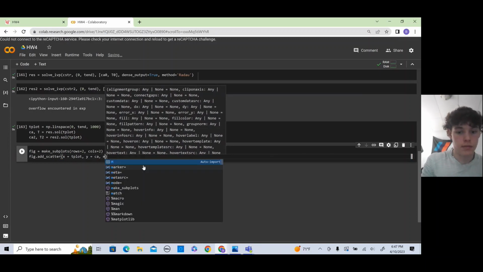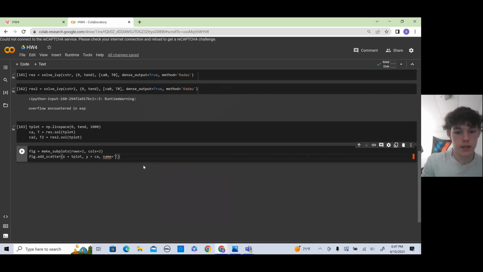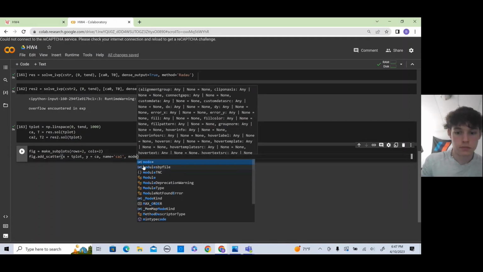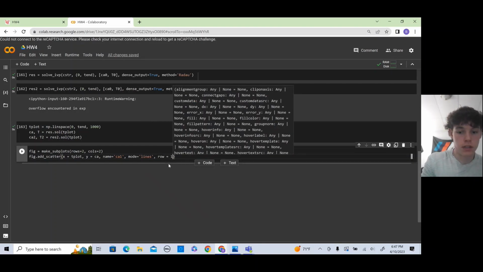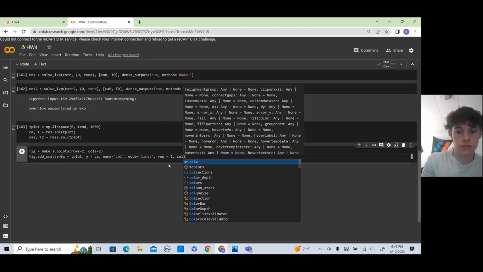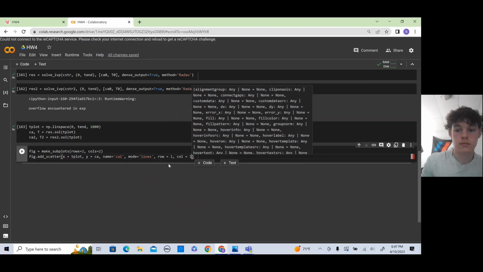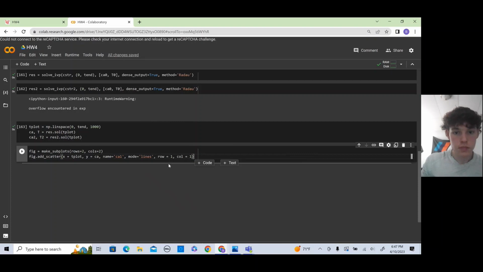The name of this is CA, I guess we can call it CA1. And the mode is lines. That should be all we need for that. Oh, no, we need our row equals 1, column equals 1. Okay.